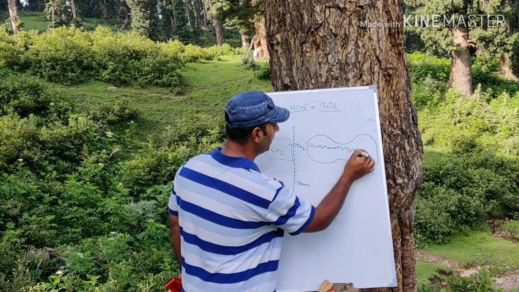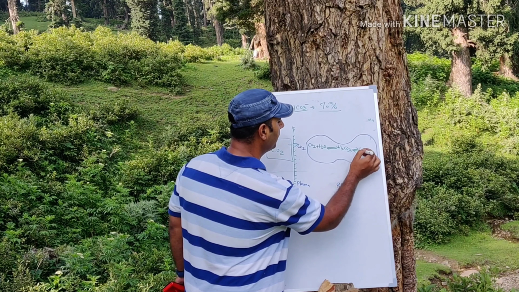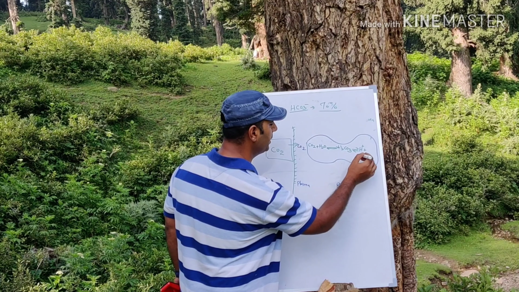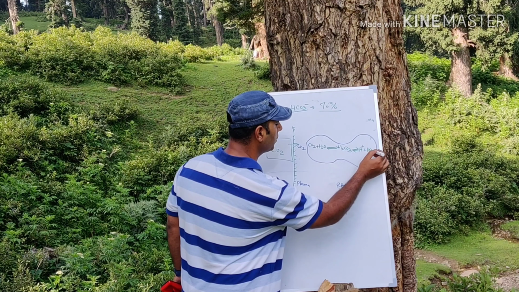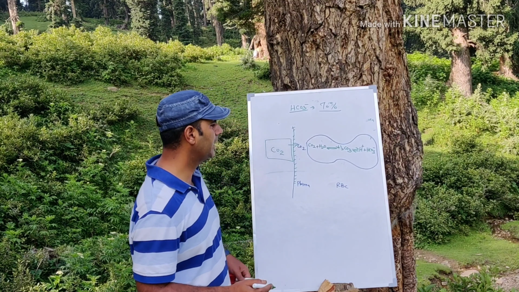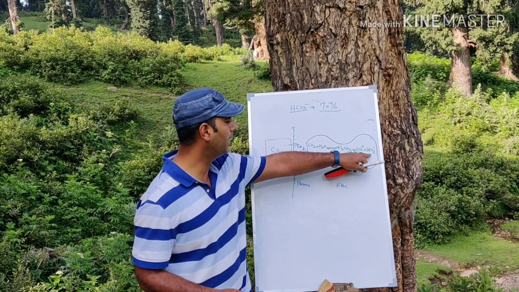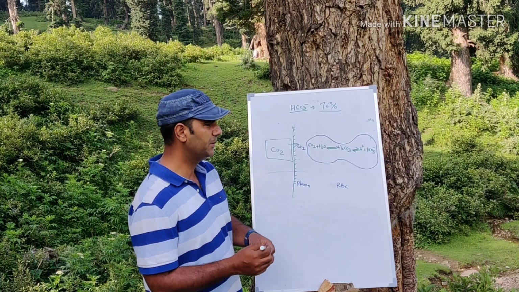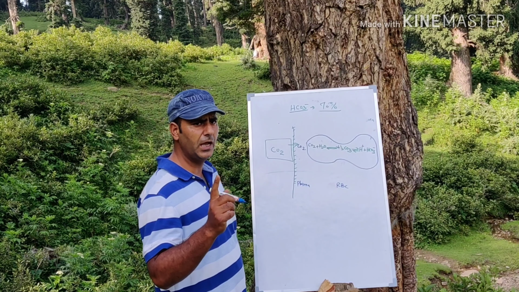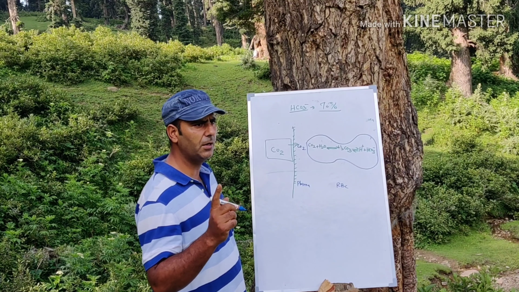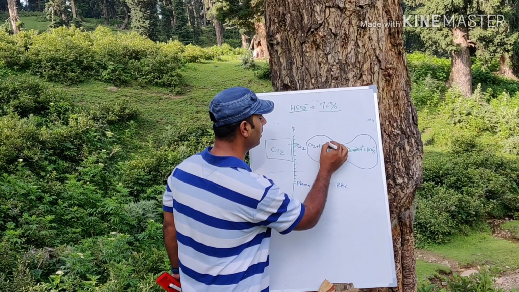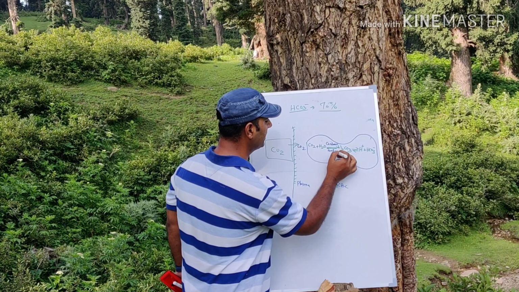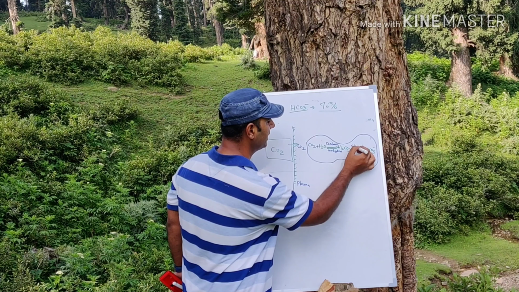This H2CO3 is unstable. It dissociates into H positive and HCO3 negative, that is hydrogen ion and bicarbonate. This reaction takes place in the RBCs because the RBCs have an enormous quantity of one important enzyme called carbonic anhydrase, and this reaction is catalyzed by carbonic anhydrase.